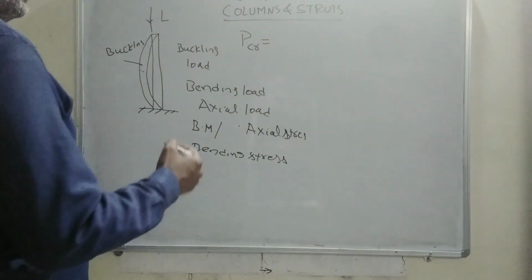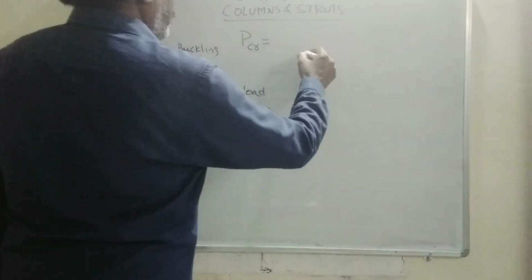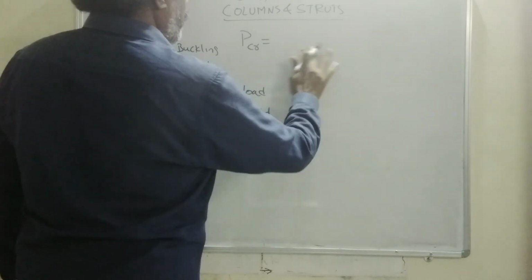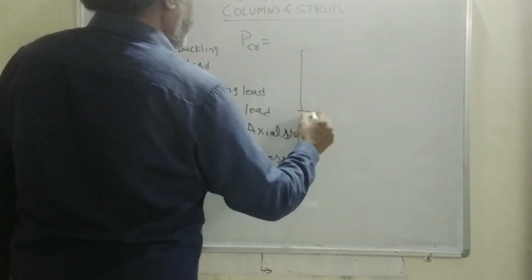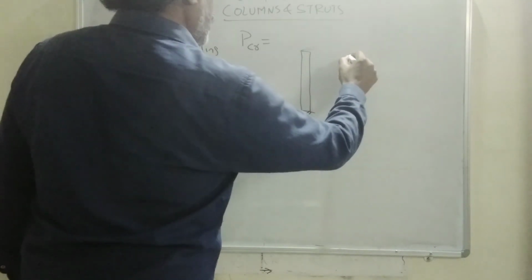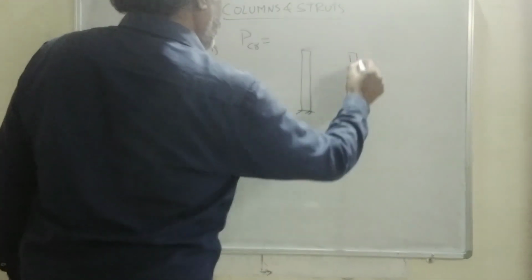And these columns are of different types. One is a free beam, one end fixed and the other end free, and another one is one end fixed and the other end roller support.